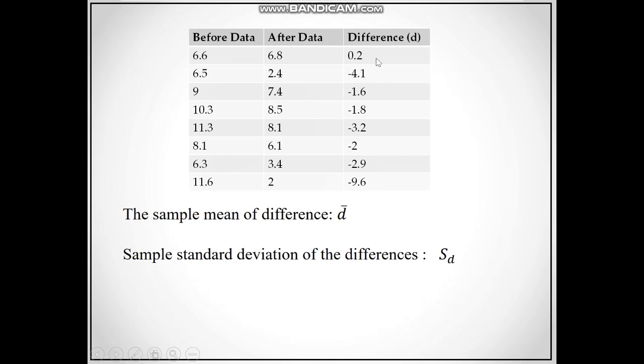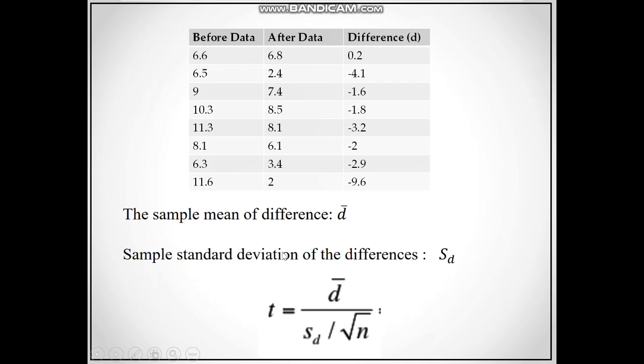And once you have d bar and the sample standard deviation, we can easily plug them into this formula: d bar divided by the sample standard deviation of difference, and then divided by the square root of n, which is the sample size, 1, 2, 3, 4, 5, 6, 7, 8. So your sample size is 8 because it's dependent.